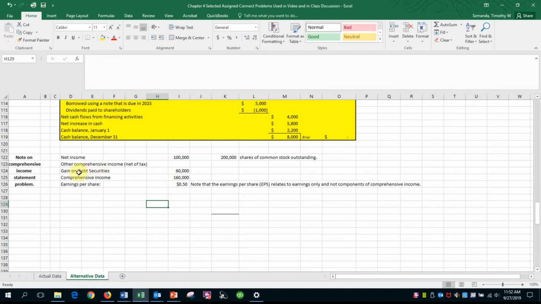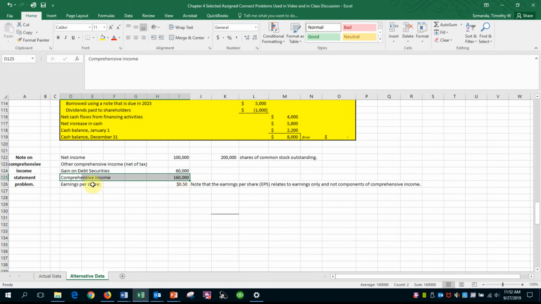Now, can you list a separate line item and show the tax calculation separately for each of these other comprehensive income items? Yes, you can do that. It's generally not done. We generally report them net of tax. So you wind up with this line item called comprehensive income. It's not comprehensive earnings. It's comprehensive income.